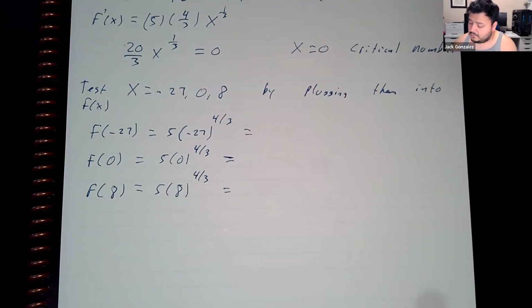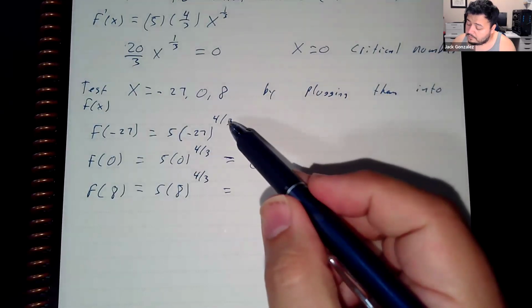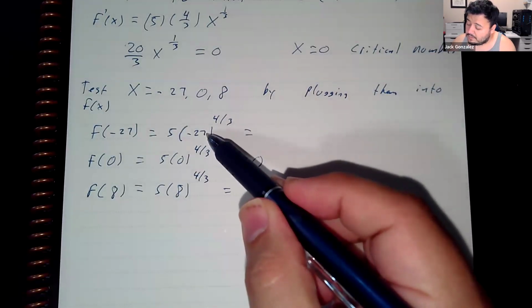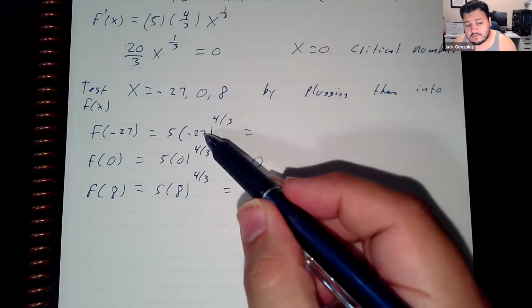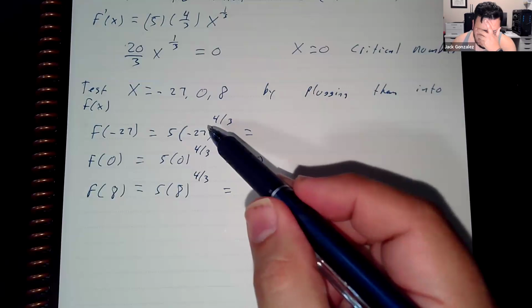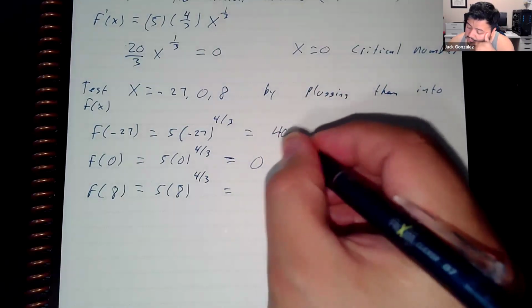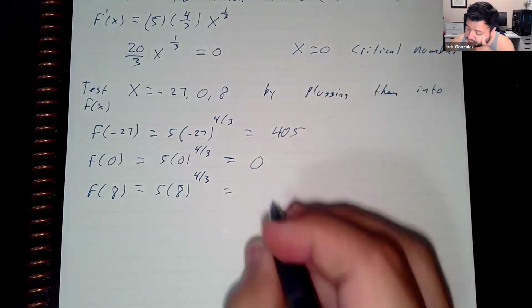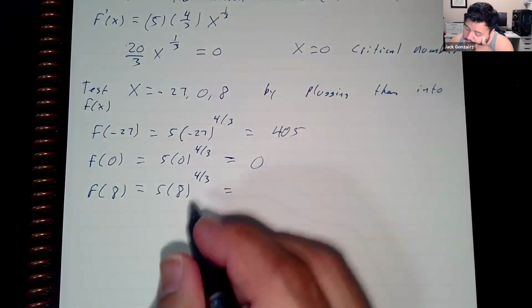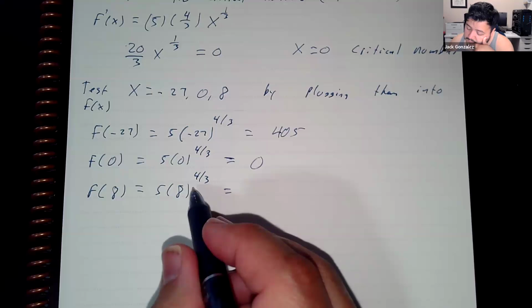Okay, so this is obviously 0. Cube root of negative 27 would be negative 3. Negative 3 to the 4th power would be 81, right? Should be 405. Now double check. This should be 2 to the 4th times 5.